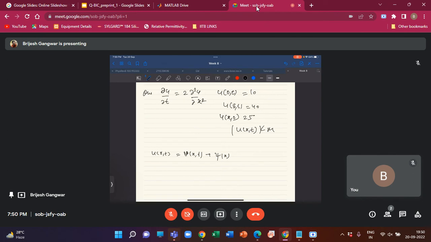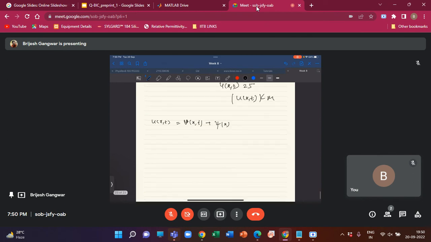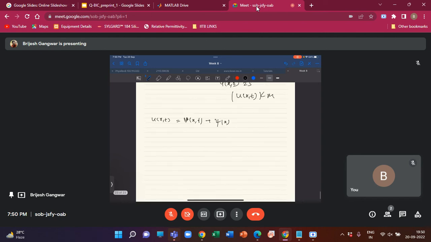The boundary value problem then becomes, if you put this into this, der v over der t equal to 2 der square v over der x square plus 2 psi double dash x.